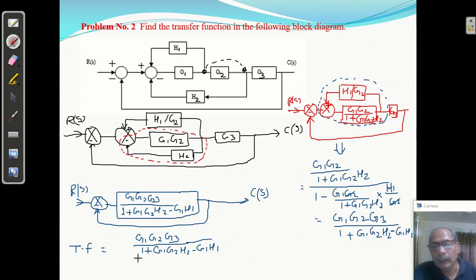This is GS upon 1 plus, sorry, it is a negative feedback, so it is plus, 1 plus this GS. G1 G2 G3 upon 1 plus G1 G2 H2 minus G1 H1 into HS equal to 1. So after LCM this will be cancelled and we will get the transfer function.